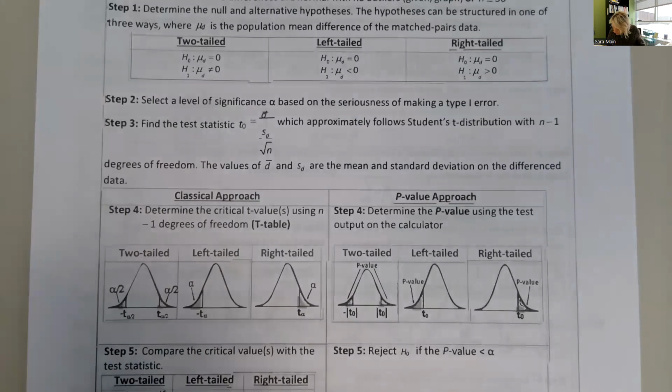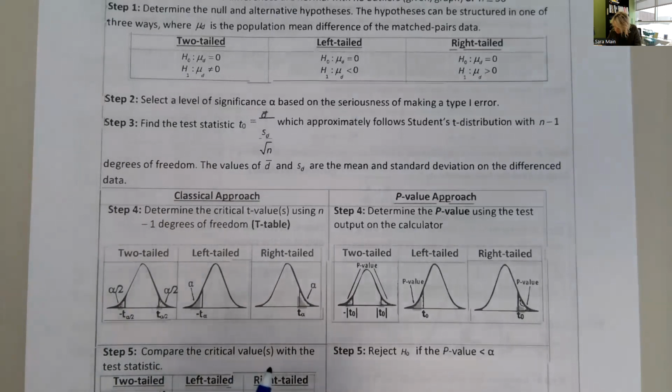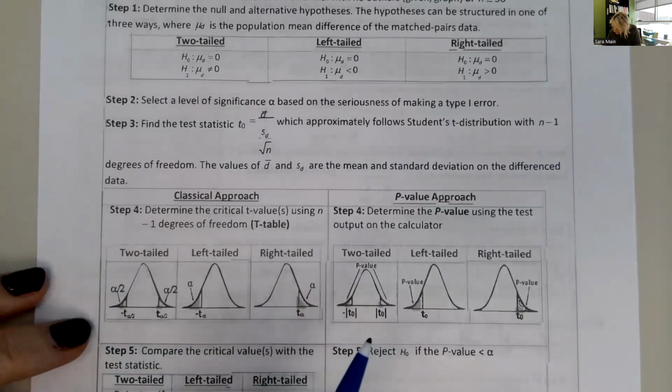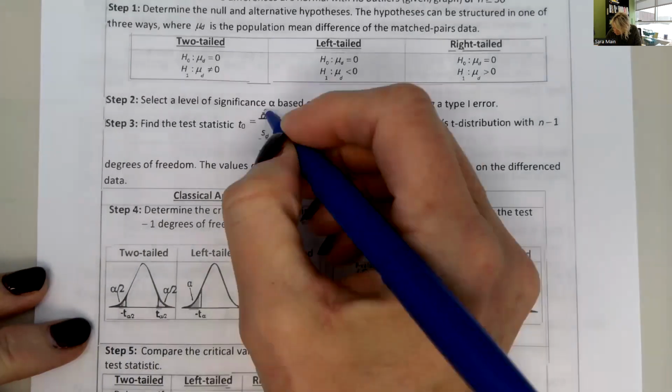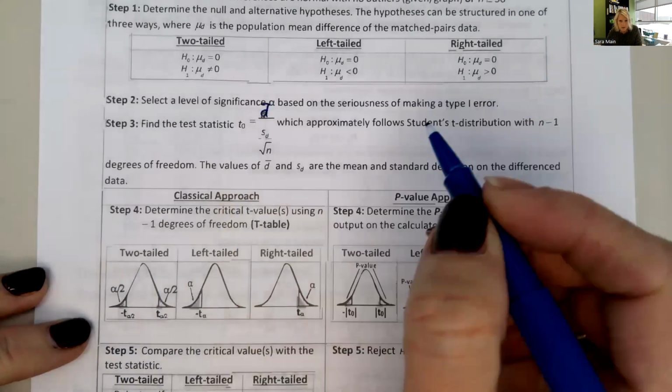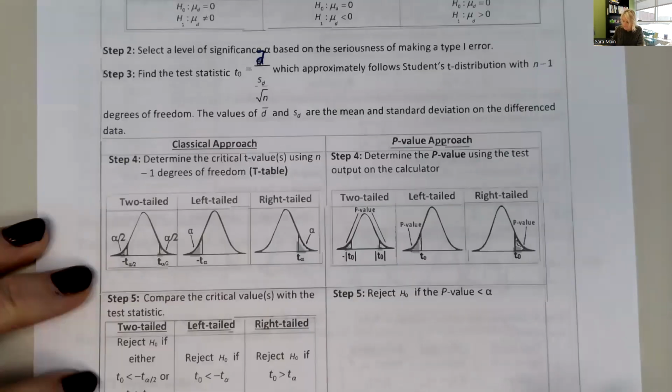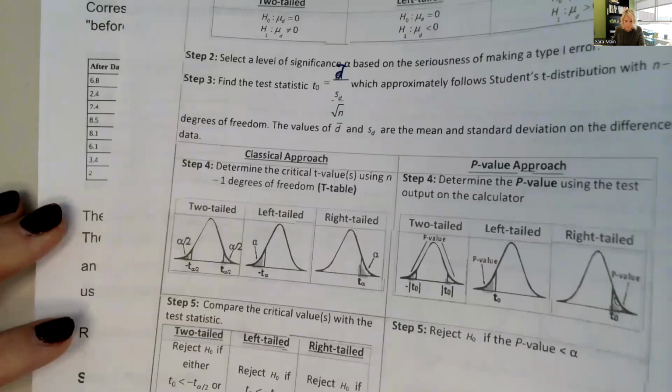And our test statistic here is D bar, it's hard to read there. But let's just jump right in.